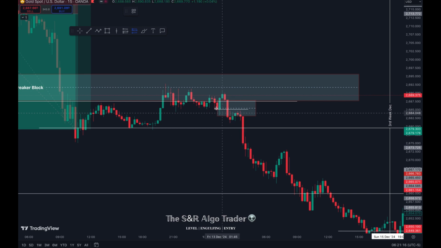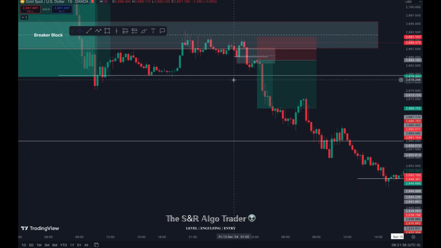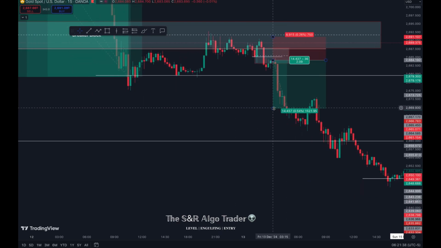So you use the wick as your entry, and your SL will be here. You can put it here if you don't fear being stopped. To be on the safer side, you put it at the previous lower high, in order not to be spooked out of the market before the correct direction.